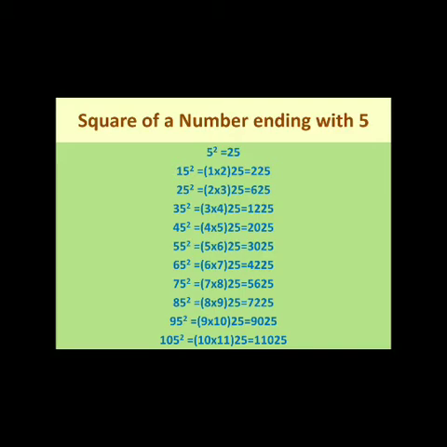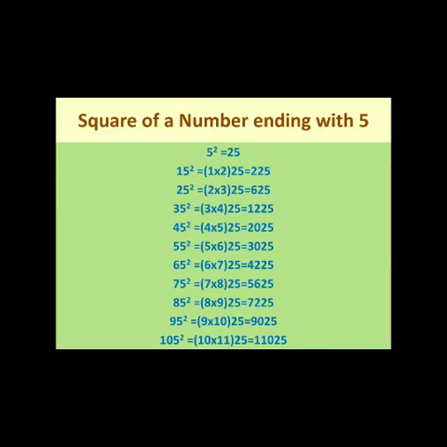So I write the square of 5 as 25, and the number that remains is 1 in the tens place. So I multiply 1 with its next consecutive number, which is 2. So 1 twos are 2. So I write 2 in front of that 25. So I get 225.